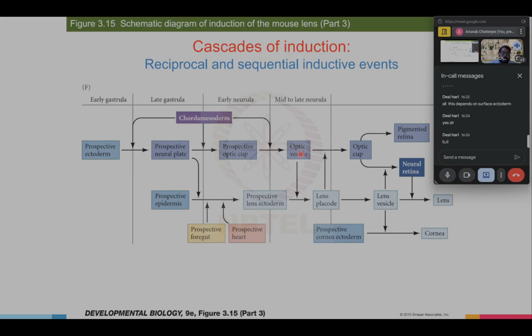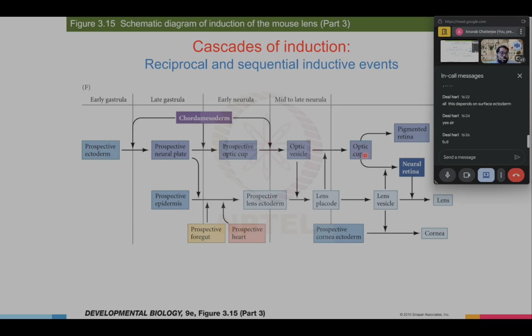We will just look at this. So, we have the optic vesicle. It sends out a signal and induces the prospective lens ectoderm, the surface ectoderm we have been talking about, to form the lens placode. But the lens placode, once it is formed, actually induces the optic vesicle to form the optic cup.